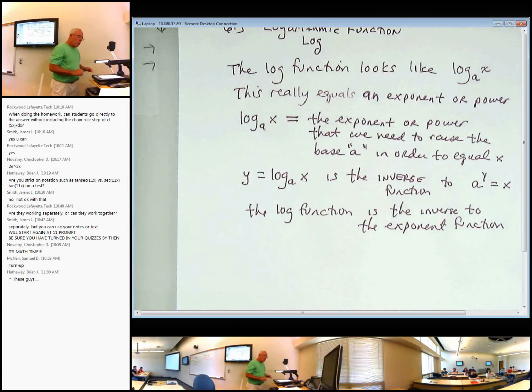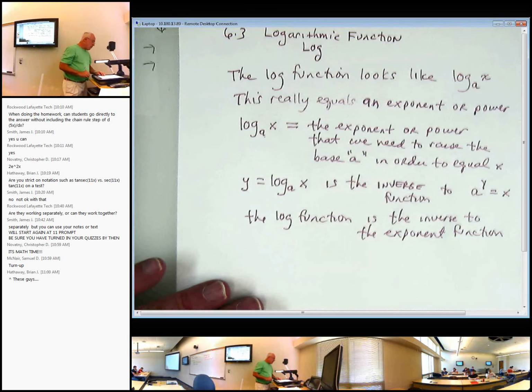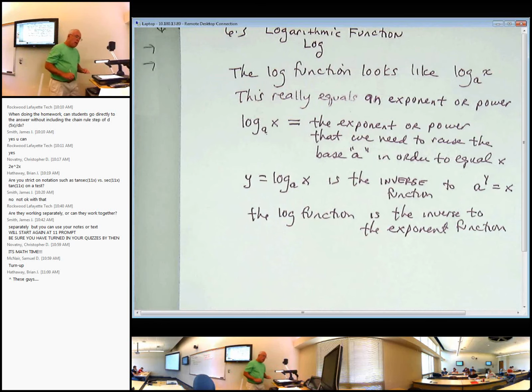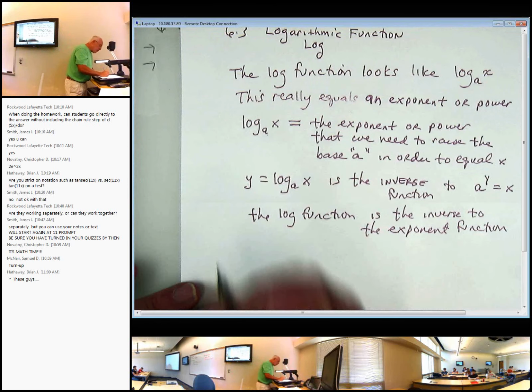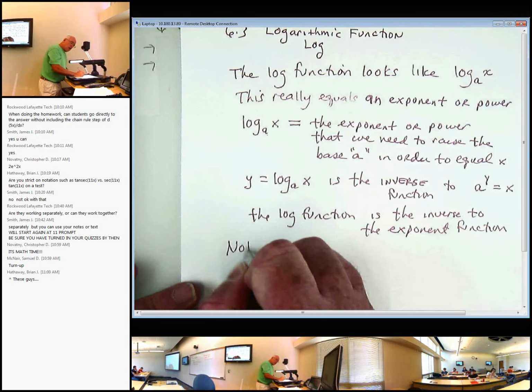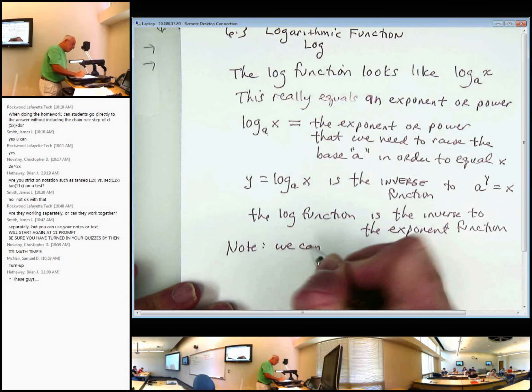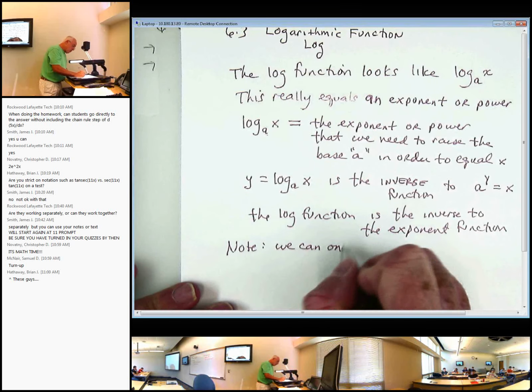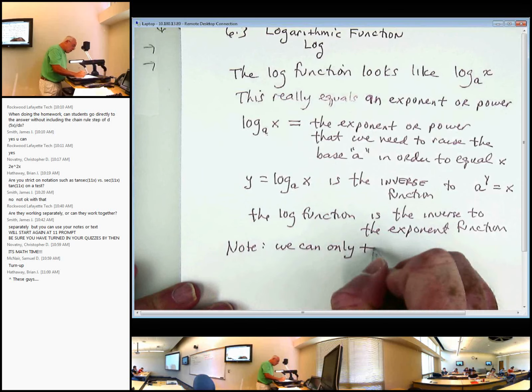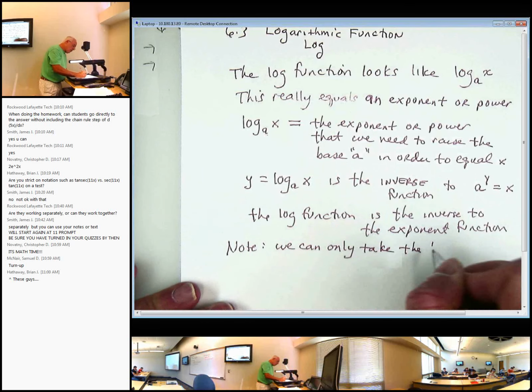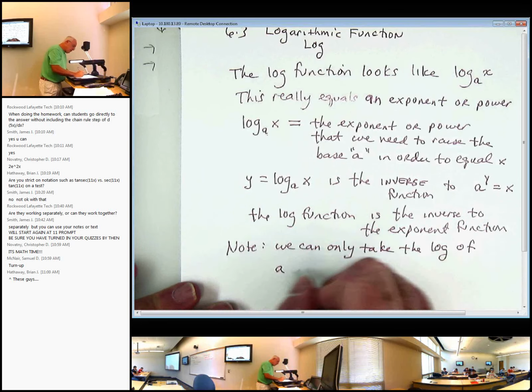So one thing before I go to some PowerPoint things here, I want to put one important note here. We can only take the log of a positive number.